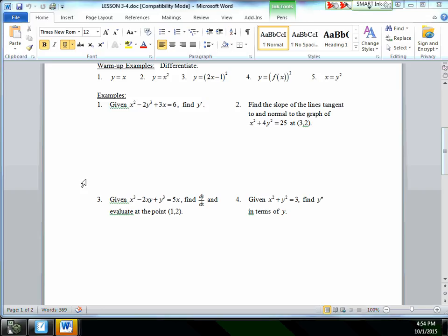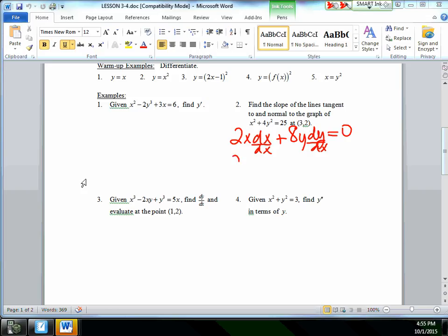So we take the derivative. The derivative of x squared is 2x dx plus 8y dy equals 0. Step 2, divide by dx. Once again, the 0 thing is going to go away. Now we're on step 3, get dy/dx all alone.